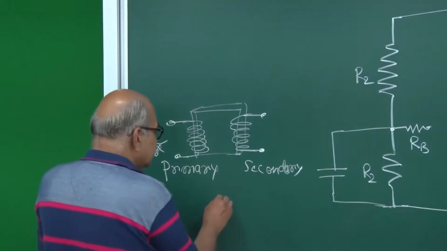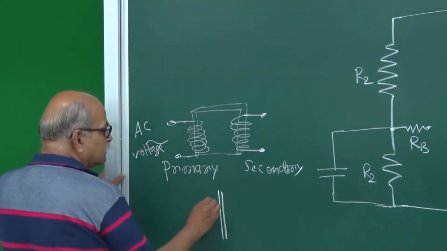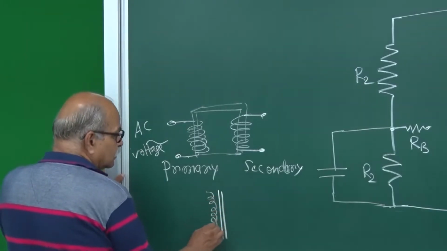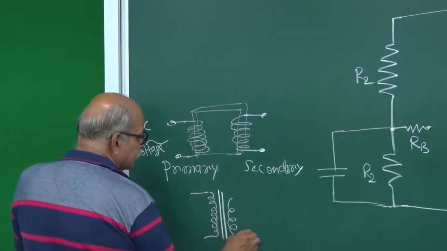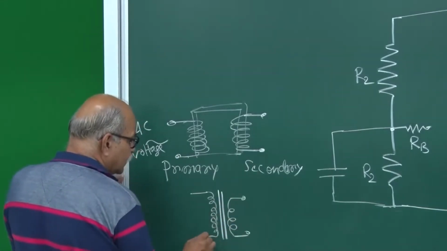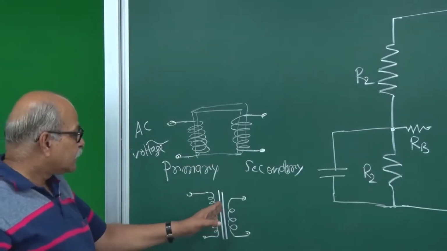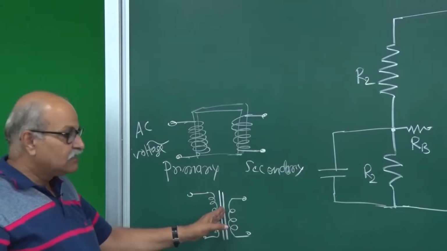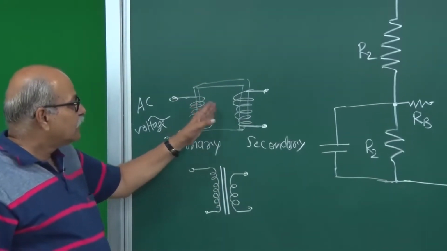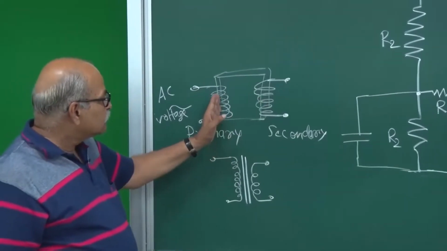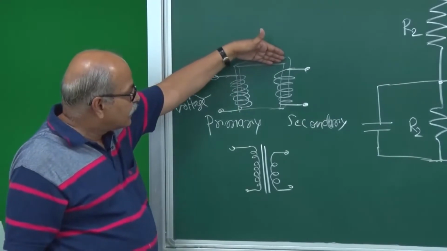And the symbol for this is, you draw two vertical lines, and then you show the primary here and you show the secondary here. So this is the symbol. These two vertical lines represent that core, which is the bridge for sharing magnetic field between this coil and this coil. Through this ferromagnetic material, the magnetic field lines are guided.